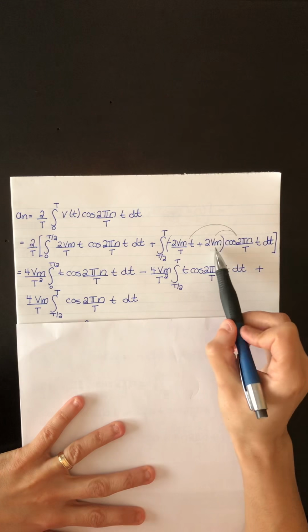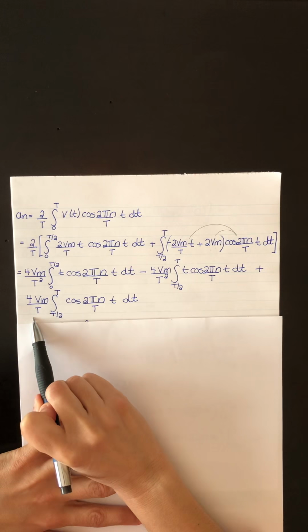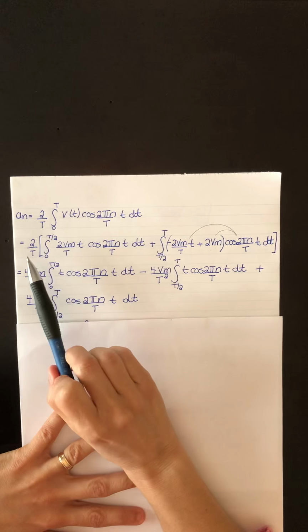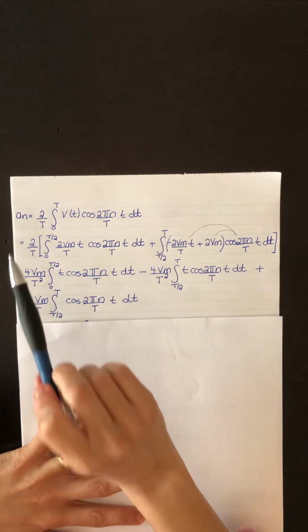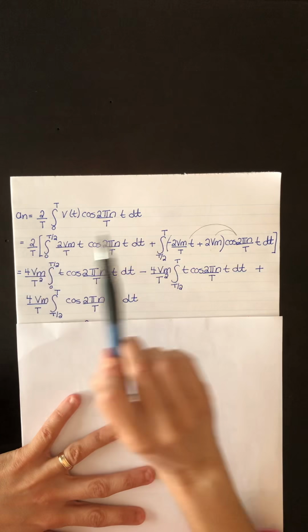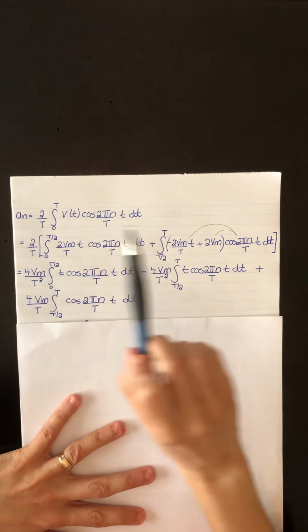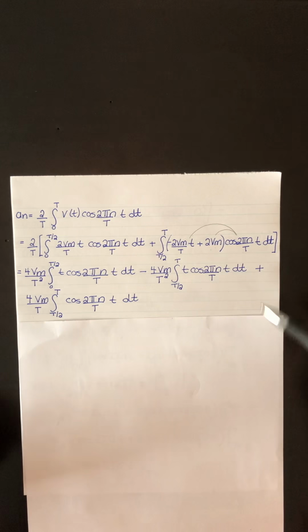The constant was the 2 Vmax times 2 over t. So here it is. Essentially, we split this and we applied this constant here, 1, here, 2, here, 3. And we got this result.